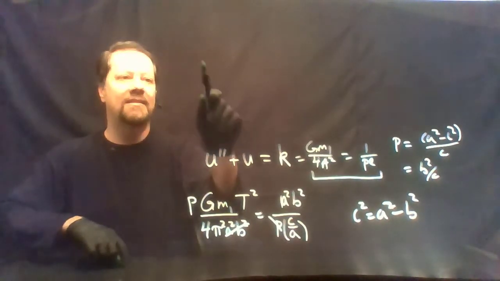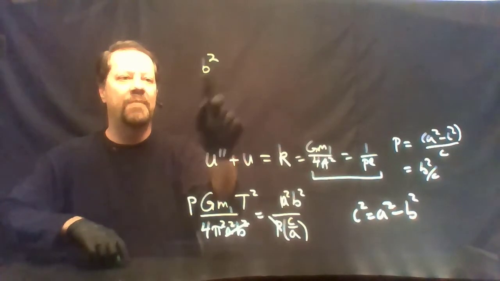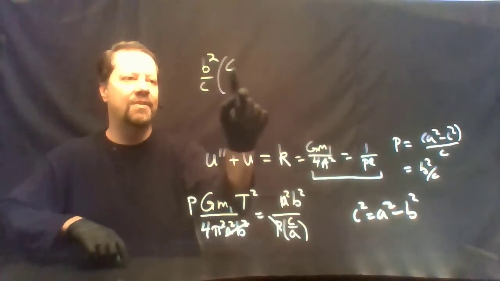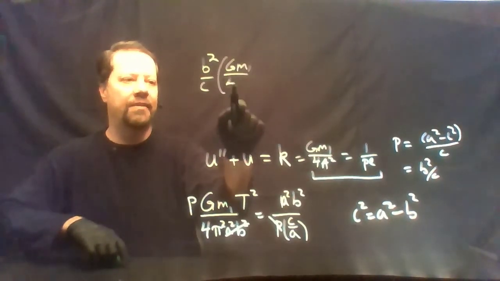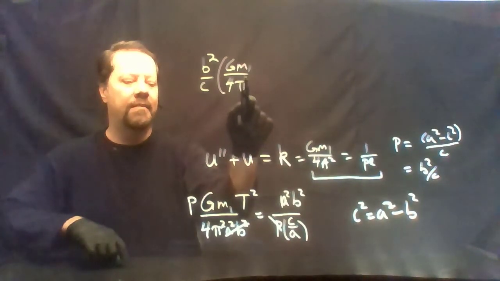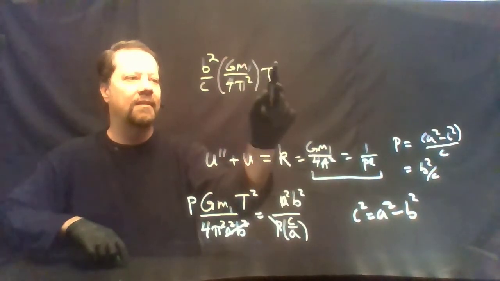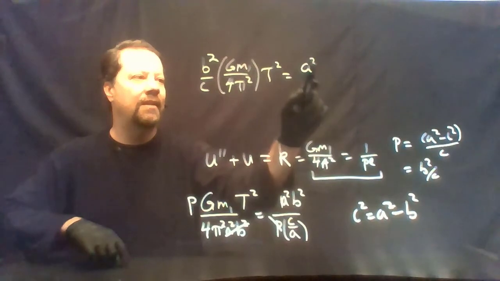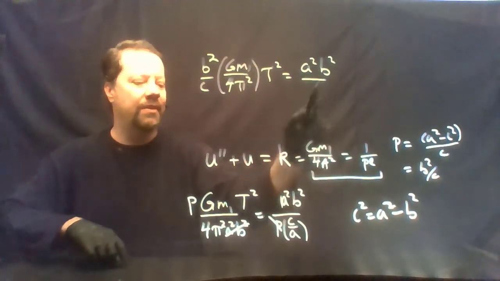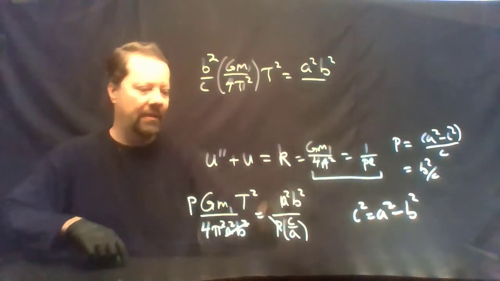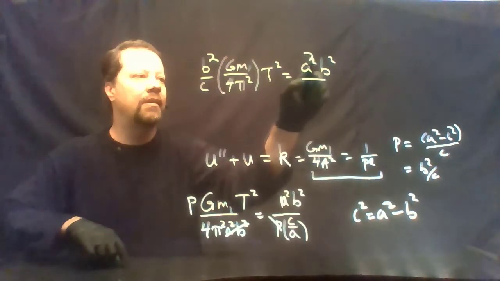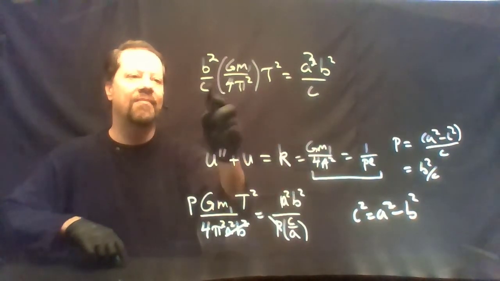We have then b squared over c times gm1 over 4 pi squared T squared equals a squared b squared over, well, a cubed b squared over c.